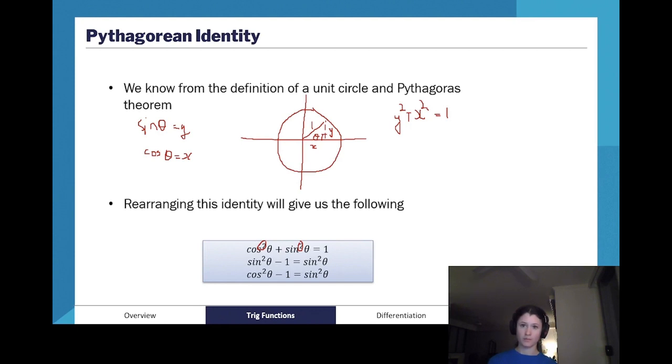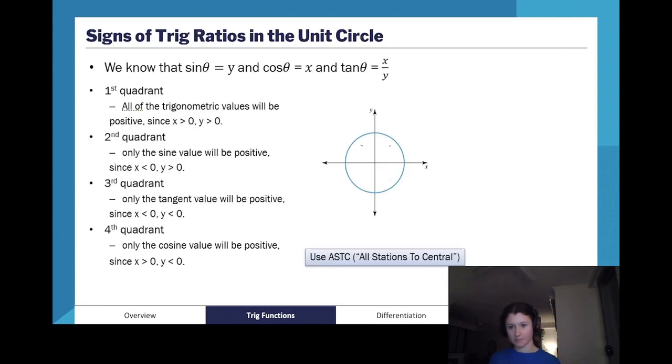So you might be given sine theta and asked to find cos theta. So you might be told the sine of a particular angle is 0.8. What is cos of that angle? And you can use this formula here to find it. We'll go over an example of this in a second, by the way, if you're getting confused.